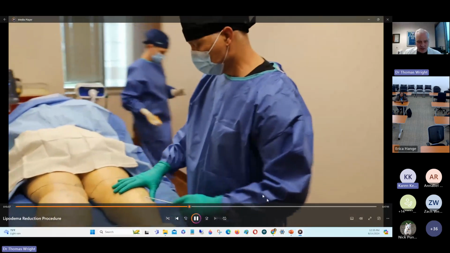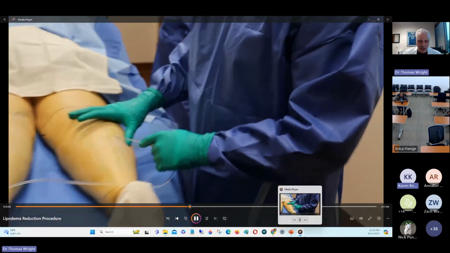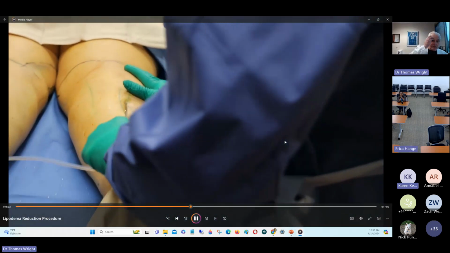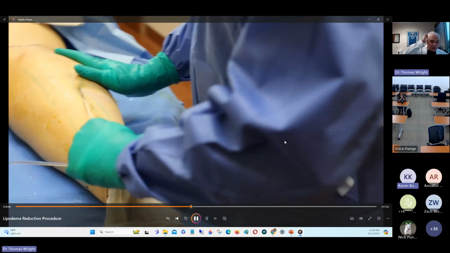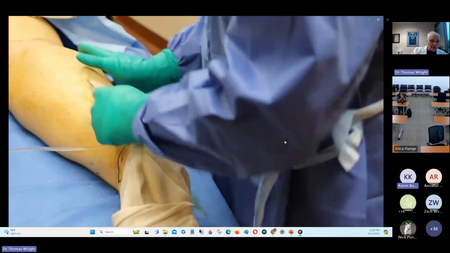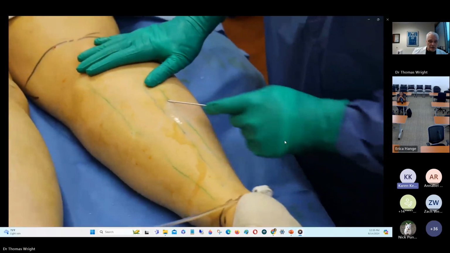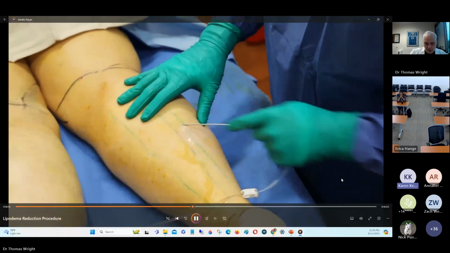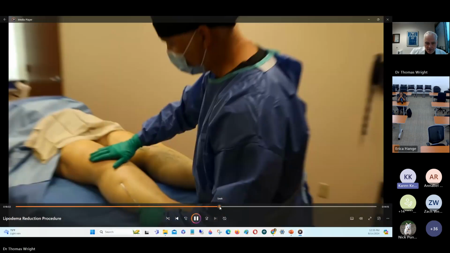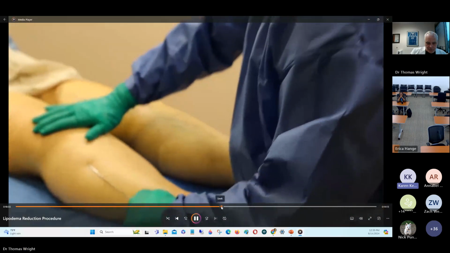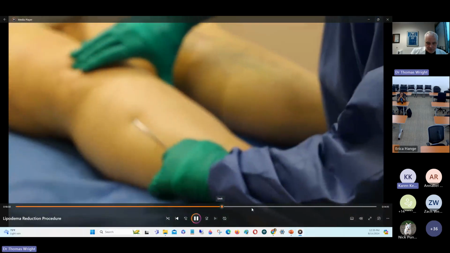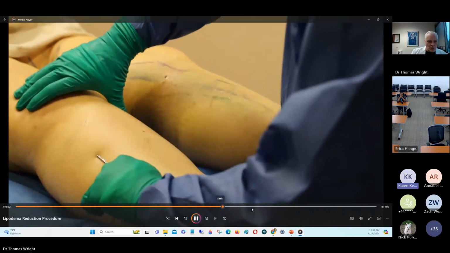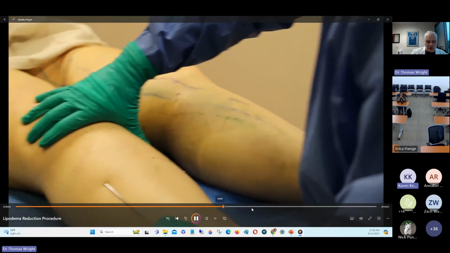This is just tumescing, looks pretty much like a cosmetic tumescing. But again, we're keeping parallel. We really rely on a very generous tumescent.